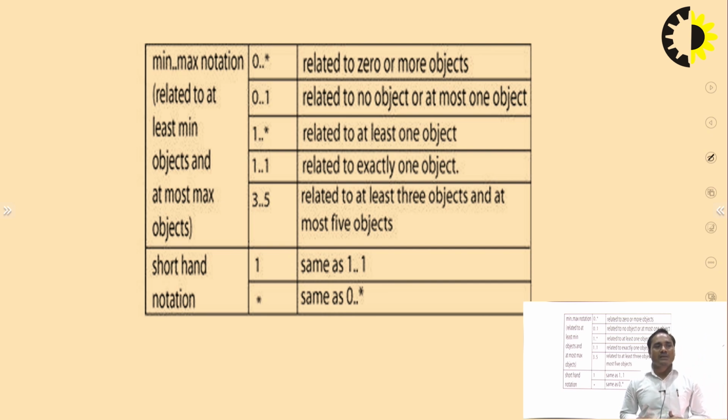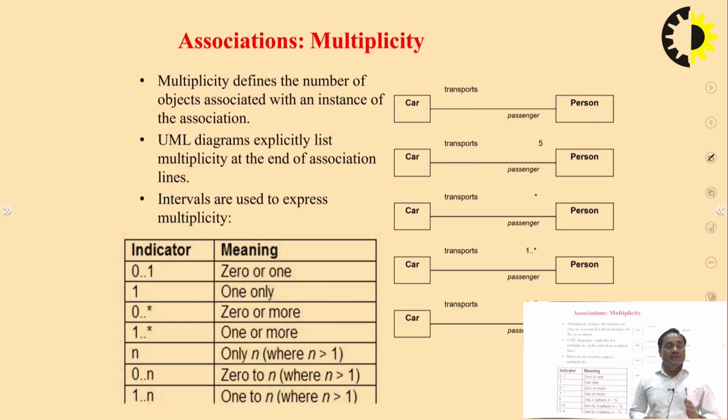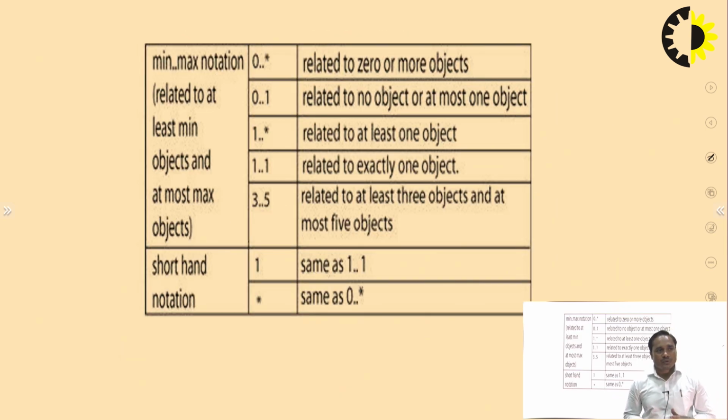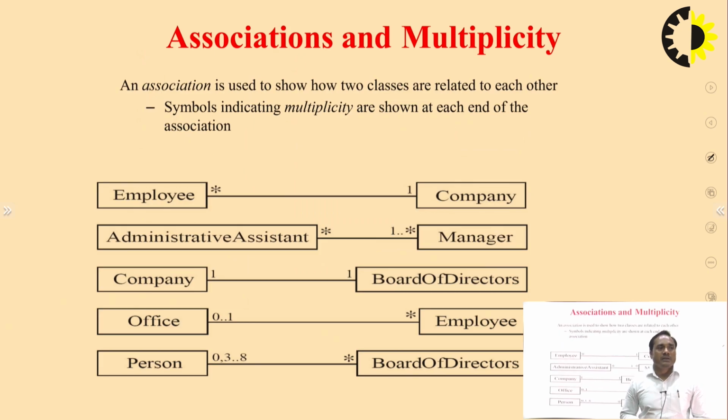So these are the indicators and meanings generally used in association to represent multiplicity.